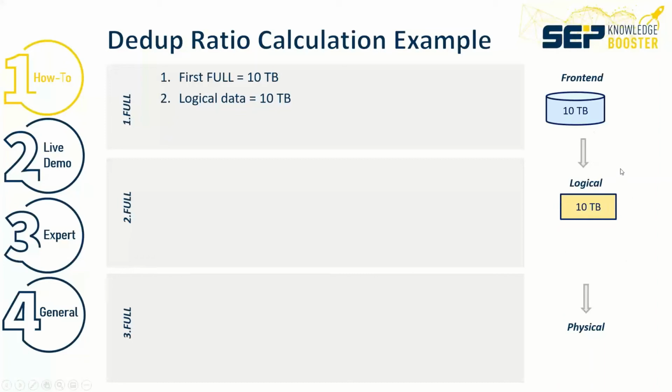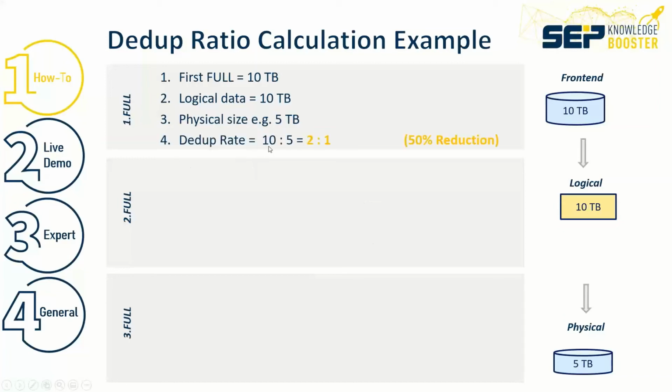The logical data is the equivalent of physical disk storage you would need for this backup data without deduplication. Okay? So deduplication is working, and on the physical storage you have maybe 5 terabyte. So maybe it's 2-1. Well, okay, half of the size. So the dedup ratio now is logical 10 to 5. It's about 2-1, 50% data reduction.